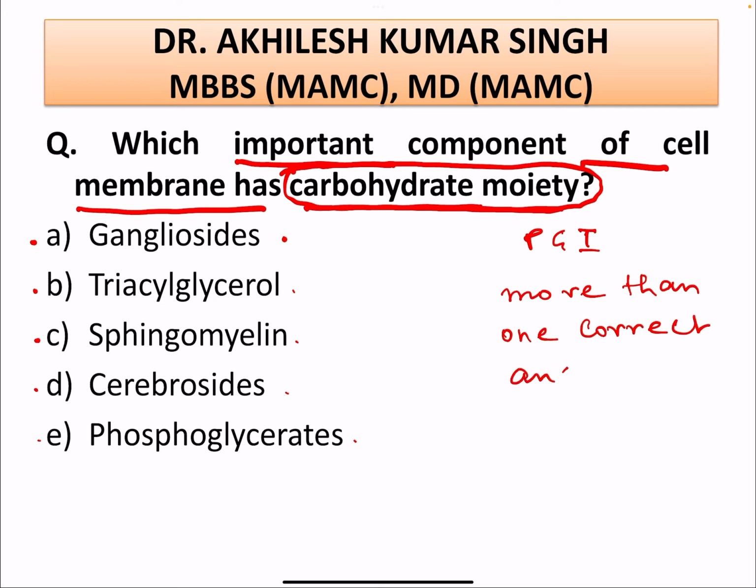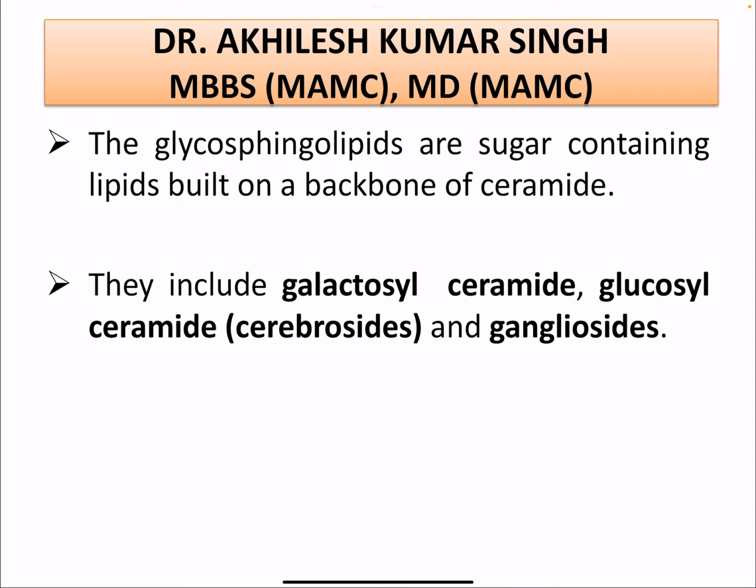So to answer them, we should have thorough knowledge also. More than one correct answer, remember this. So let us see which of these options have carbohydrate containing compounds. One group is the glycosphingolipids.